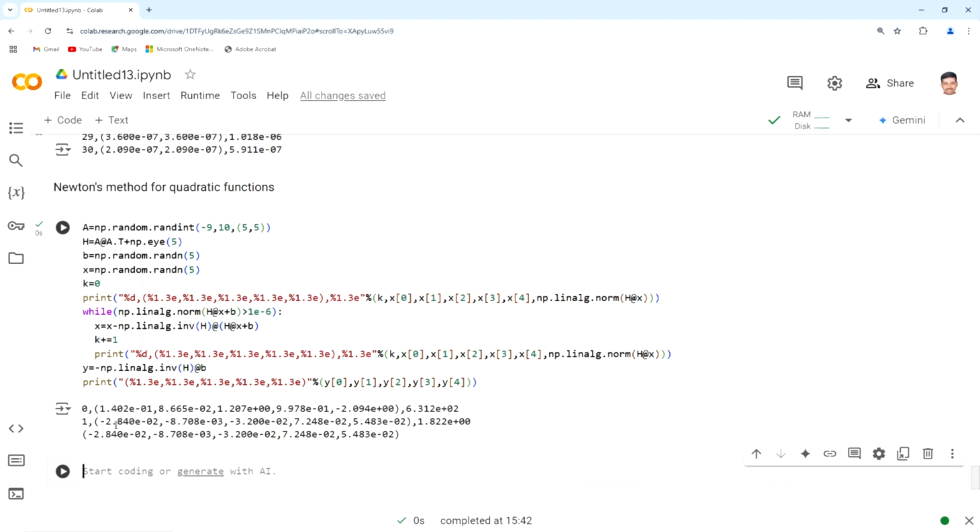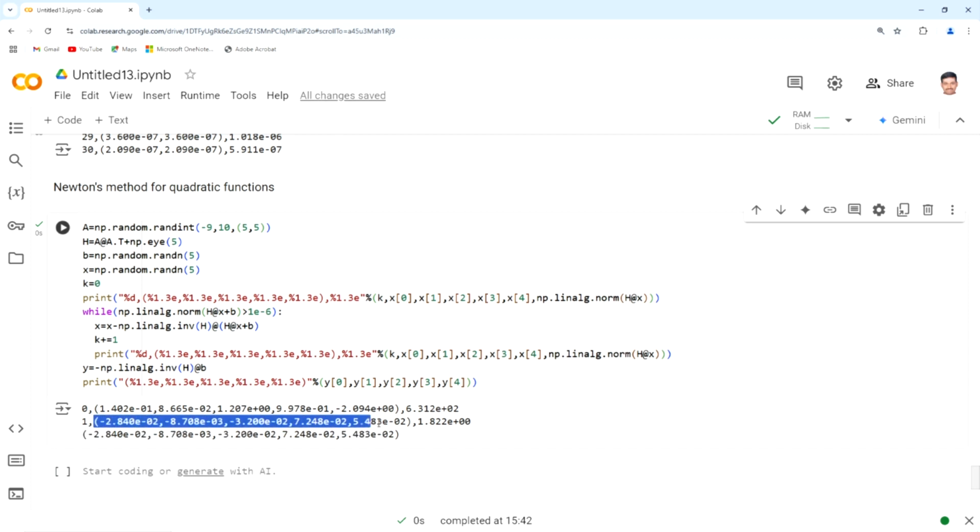So here you go, the answers are minus 0.028, minus 0.0087 and so on. Similarly, here you have the answer. This is just to show that the answer for the random H and b that I generated is y, which is below, and what I have got by the algorithm is exactly the same.